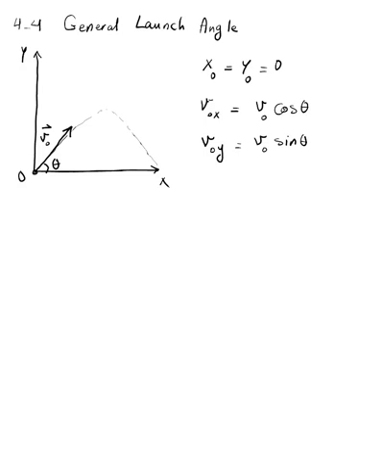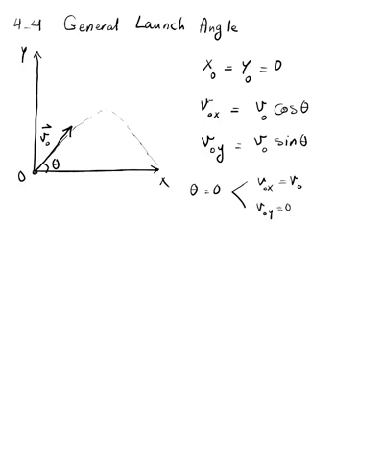Let's just quickly check. If theta is equal to 0, then v naught x is going to be v naught and v naught y is equal to 0.